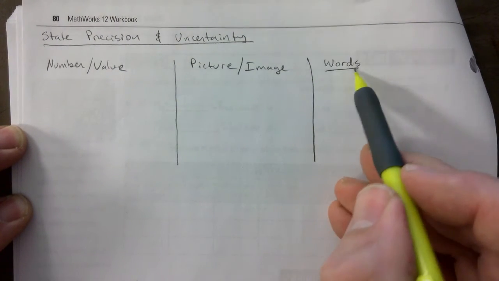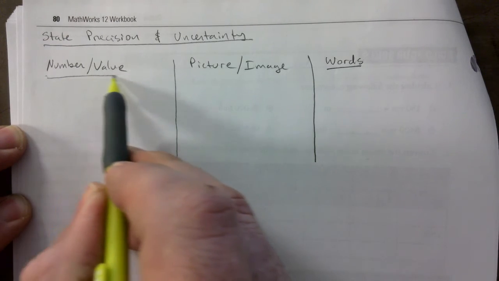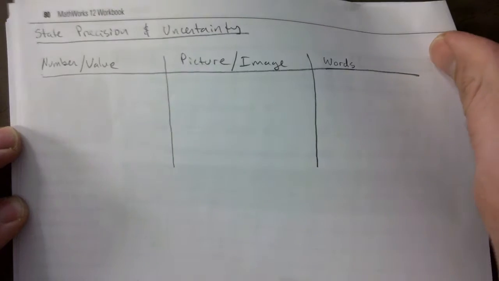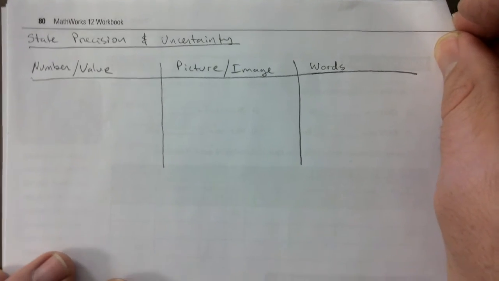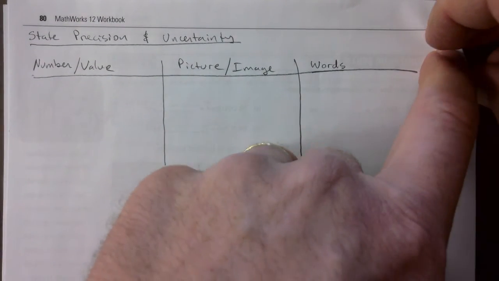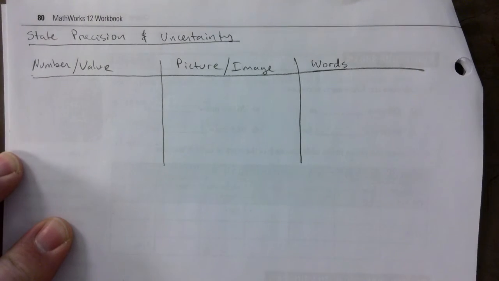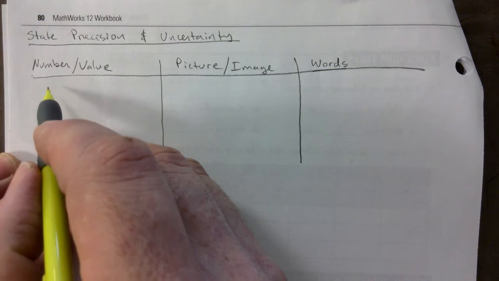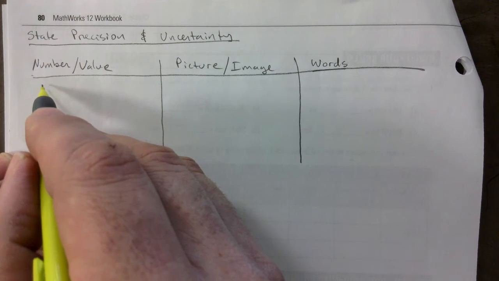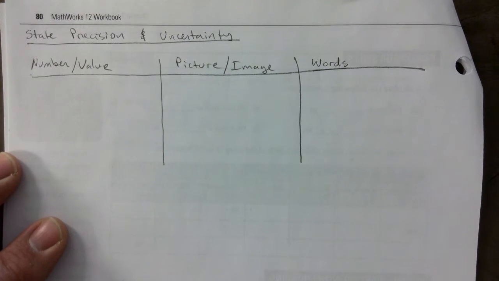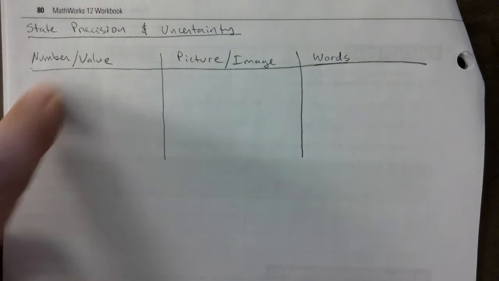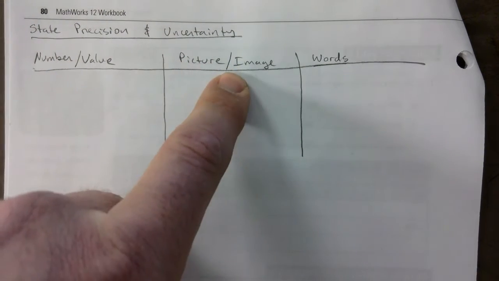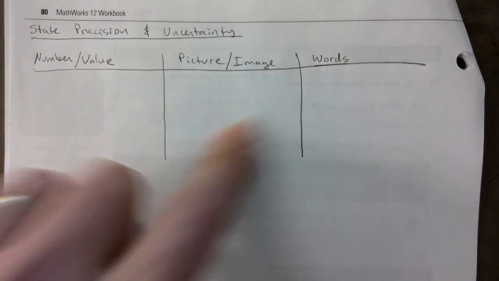So there are 3 instances where I'm going to either give you a number, a picture, or it's going to be in words, and ask you to state the precision and the uncertainty.